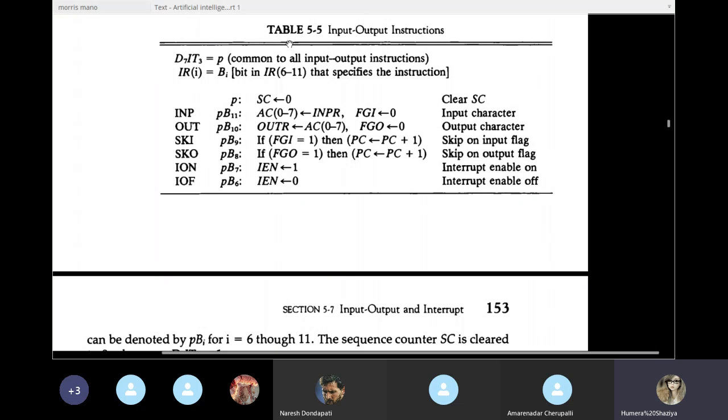When you get 111 in opcode, D7 will be equal to 1. So D7 is 1, that decoded value, and I is the mode bit. I is also 1, and then T3 means at timing signal 3, the IO operation will be executed.